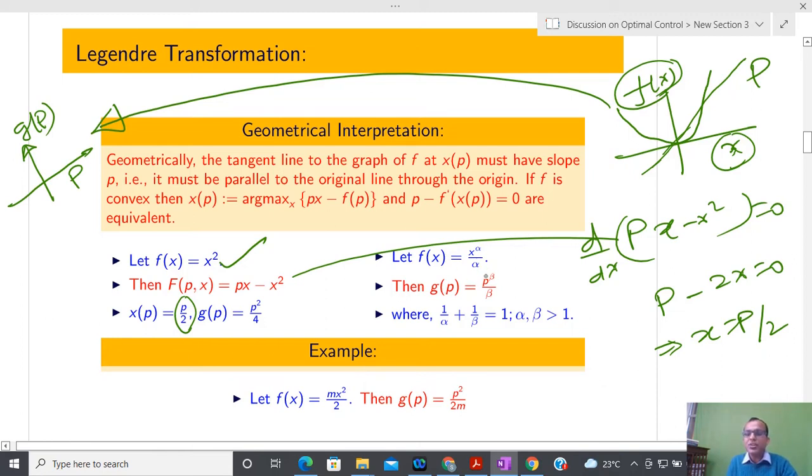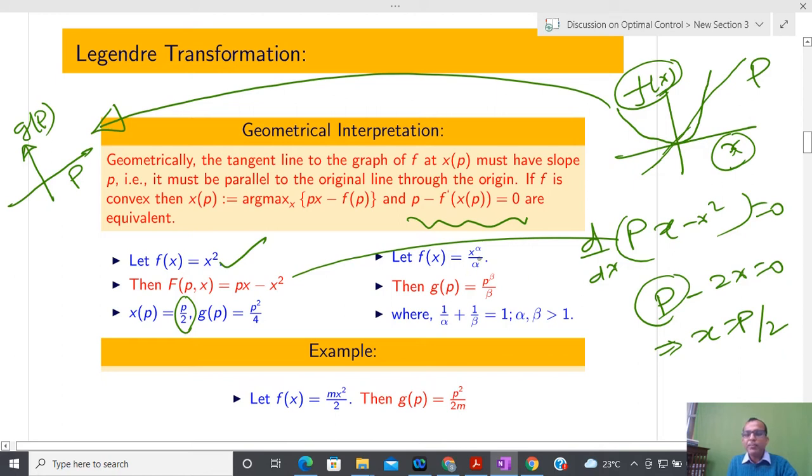Again, you just have to make sure that whatever function you have selected is convex. Otherwise it is possible that this condition sometimes will not be satisfied, and if it is not satisfied, then you are not able to find p. Okay, so this transformation will work provided the function is convex and this condition is satisfied.